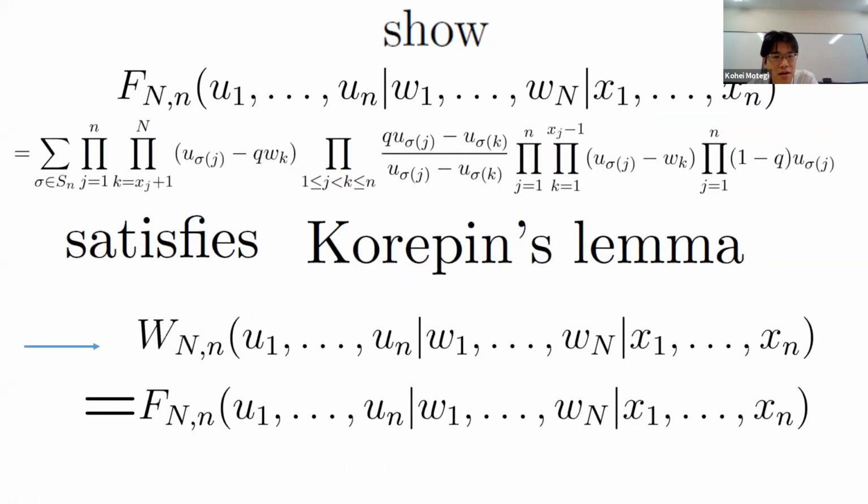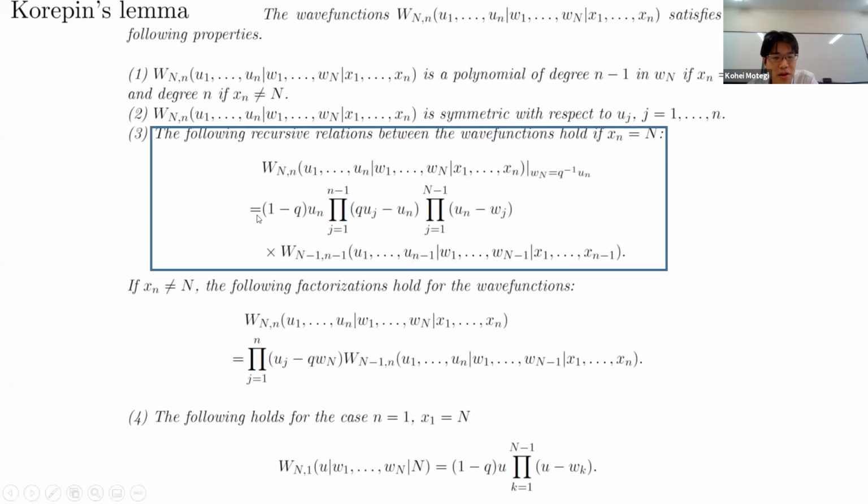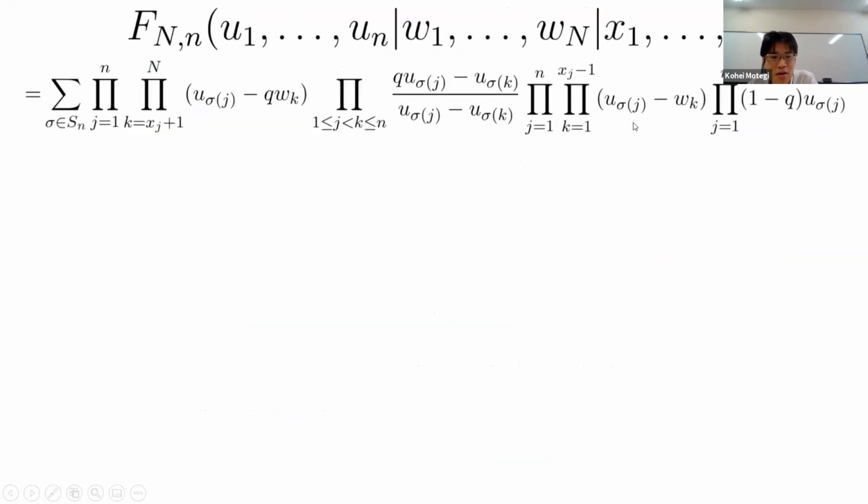Okay, so let's check this property 3, for example. So we consider the case when x small n is equal to large n.